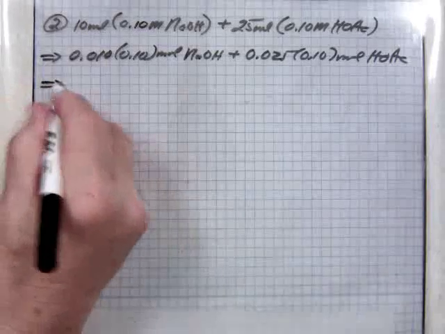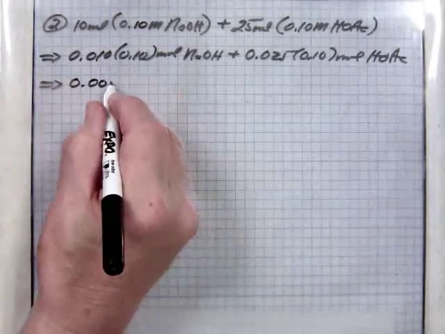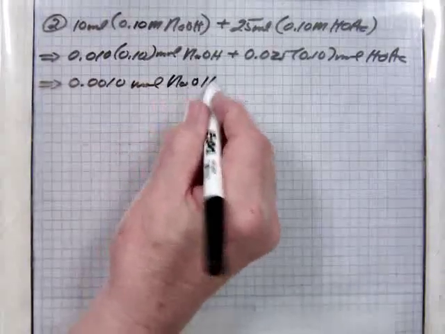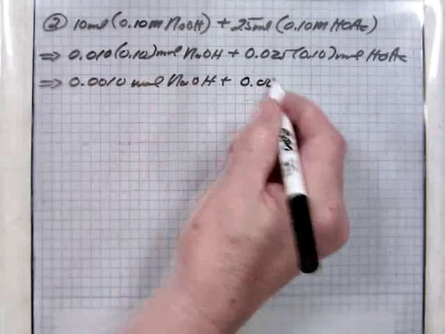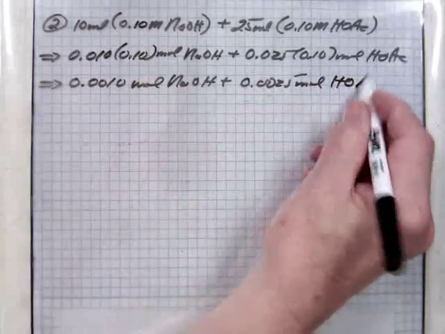Okay, so we're looking at 0.0010 mole sodium hydroxide, 0.0025 mole acetic acid.